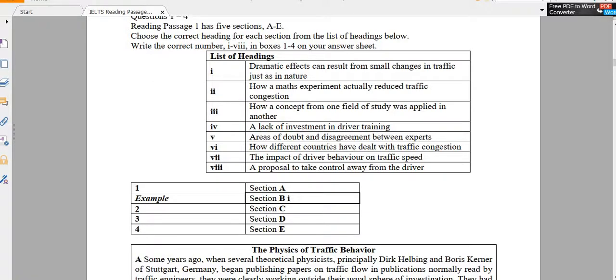Here is our question. We have some headings here and then we have 4 questions. Question 1, 2, 3, 4.